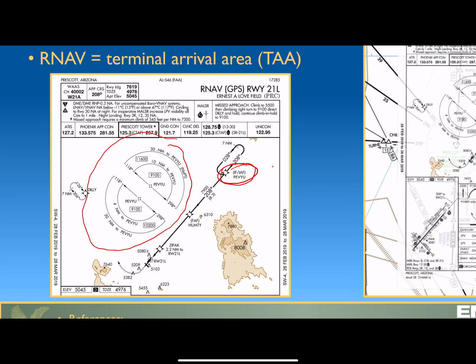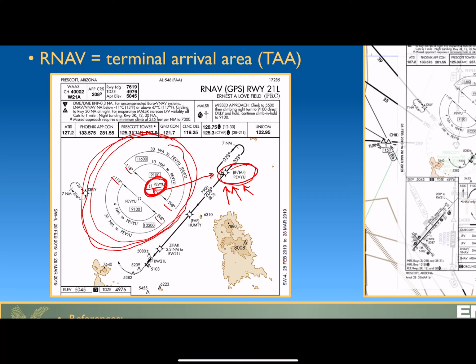So here is kind of a diagram that shows there's PayView, and here's kind of an overview of PayView. So this right here, what I'm circling right now, that is not the actual initial approach fix. This, where I'm drawing my arrows, this is the initial approach fix. So this diagram shows you, depending on which direction you come from, it's divided by the 118 inbound and the 298 inbound.